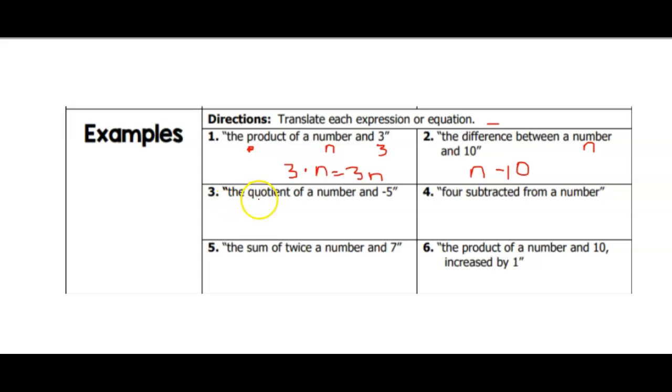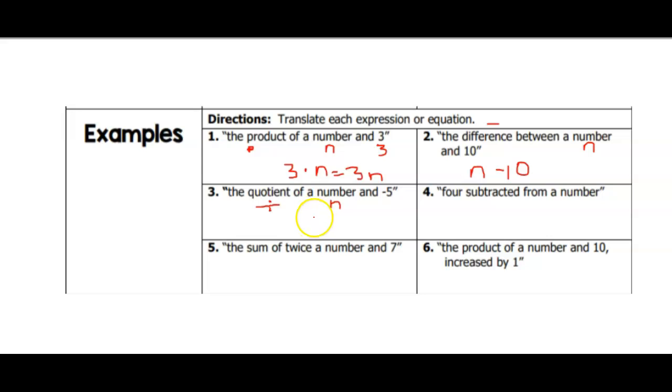The quotient of a number and negative 5. Well, I'll call that number n because I don't know what it is, and then I have my negative 5. Quotient was what? Well, that was division. Yep, good e-learners, I see you participating in the chat.